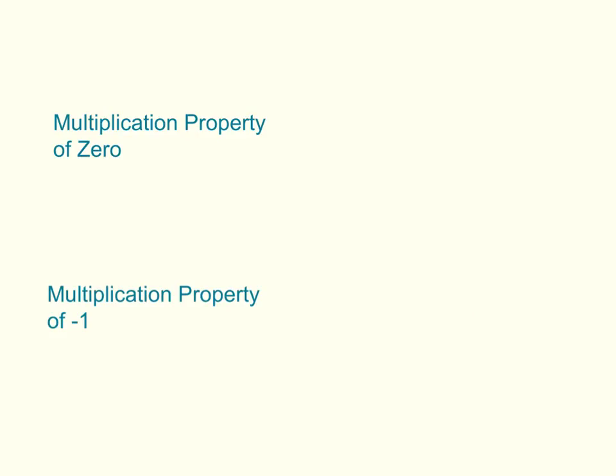Okay, final two properties, and they're very, very easy. Multiplication property of 0 just means what happens when you multiply by 0. And the multiplication property of -1, I want you to think about what happens when you multiply by -1. So the multiplication property of 0 just means that when you multiply by 0, it always equals 0.